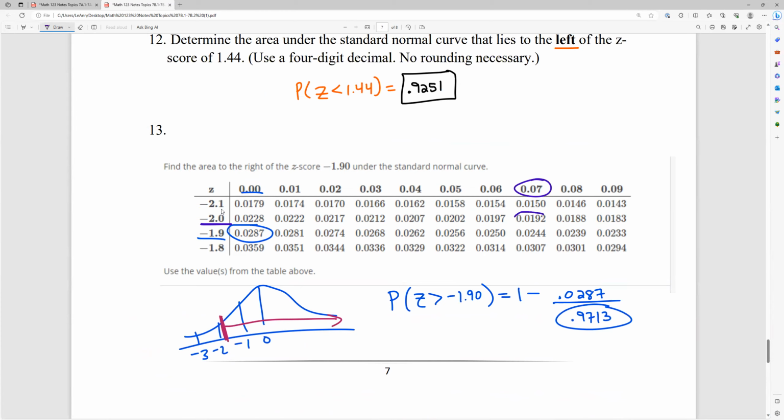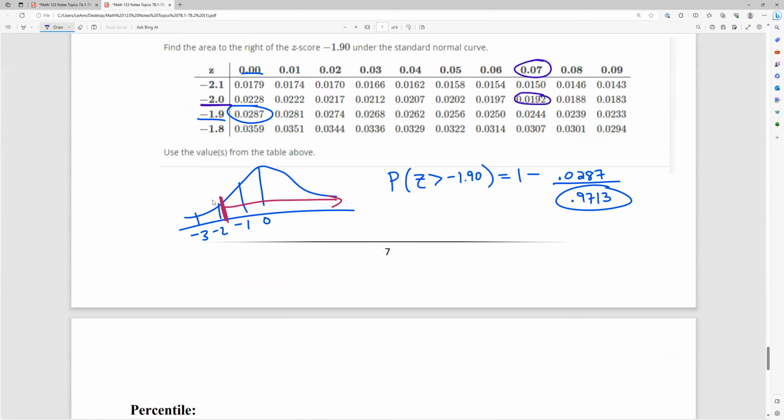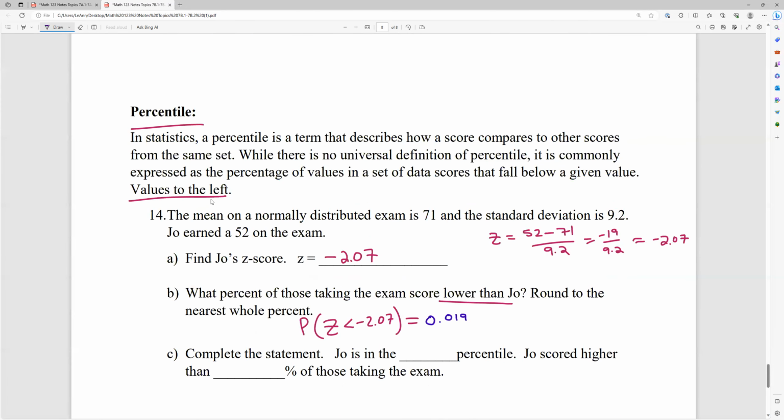So that is this value directly right there, 0.019. Okay, I didn't call that out right. 0.0192. I knew I didn't get all the numbers. So let's change that to a percent. So we multiply by 100 or move our decimal 2 places to the right. And then we're going to round it to the nearest whole percent. So that's going to be approximately 2%.